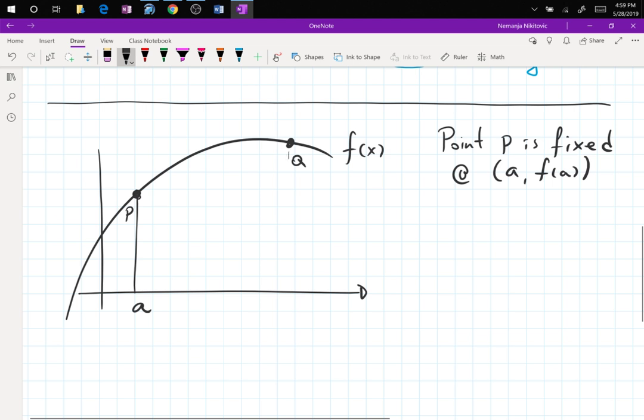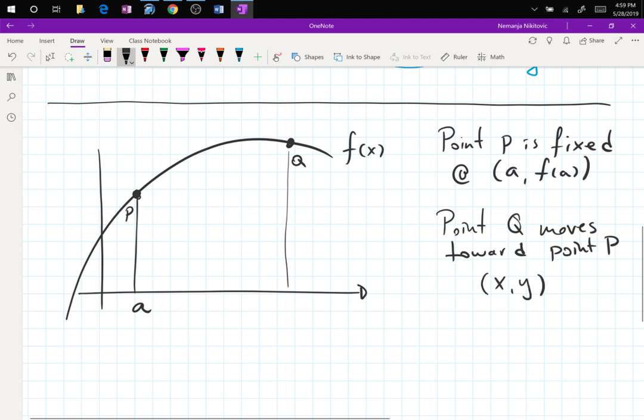Point Q moves towards point P. So point Q will have xy coordinates because that's the point which will take on all of the x and corresponding y values one by one until it reaches or passes P.